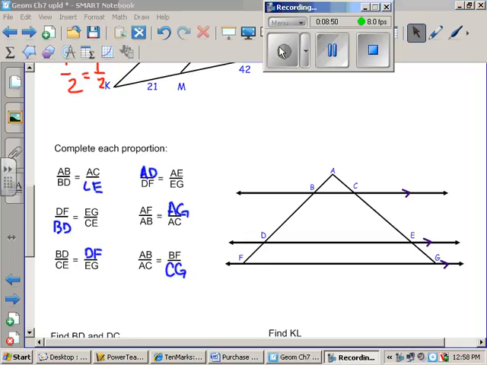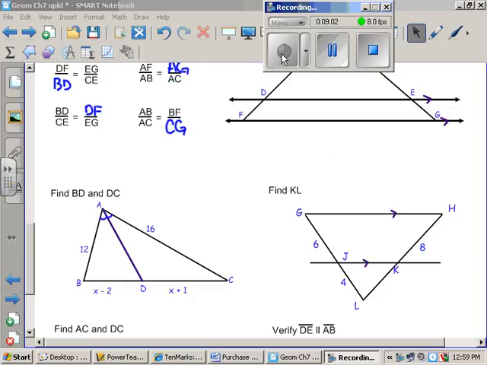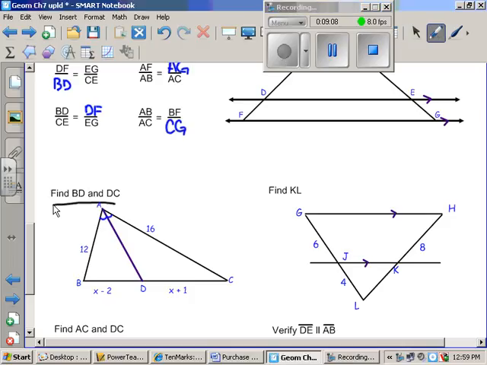Okay. So basically this is saying that each piece is in proportion. So AB is to BD the same way that AC is to CE. Okay, so this one here uses the triangle angle bisector theorem, which says that the angle bisector divides us into the same proportion as their corresponding sides.